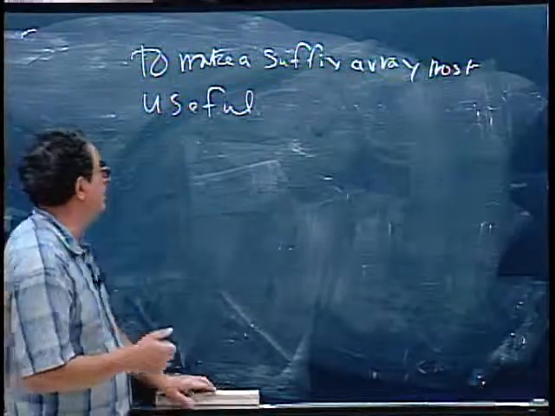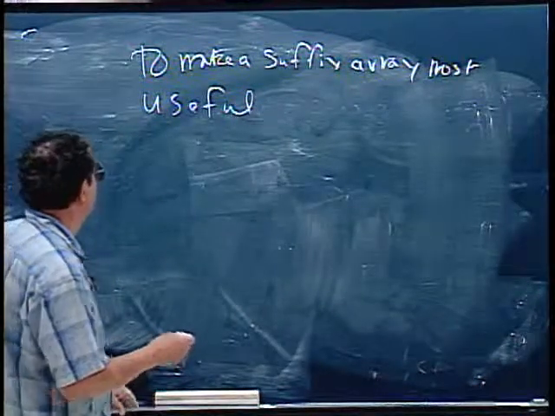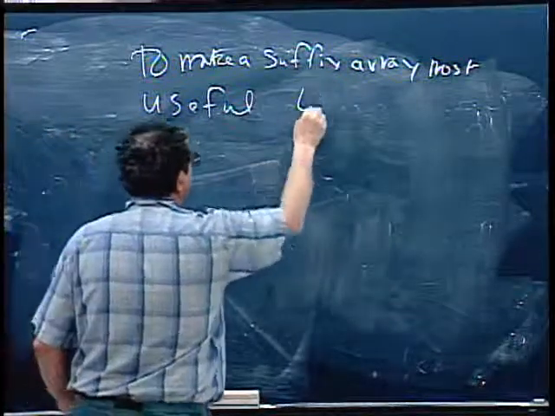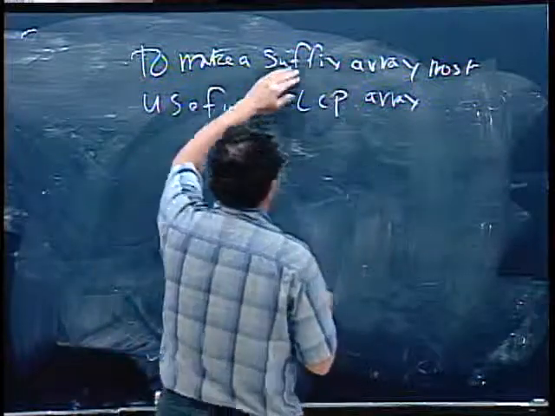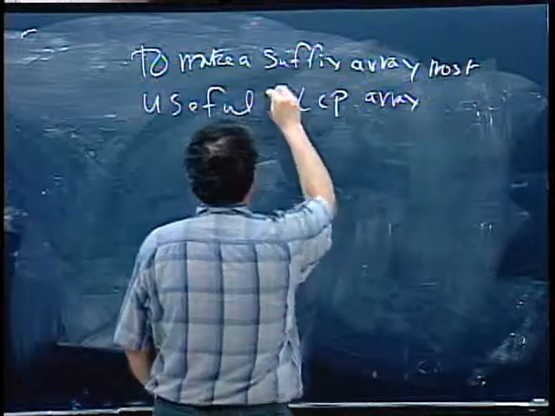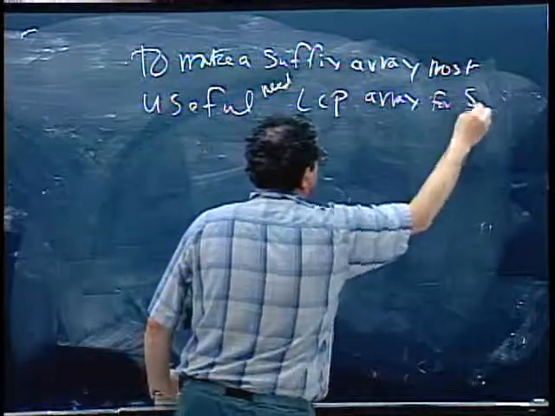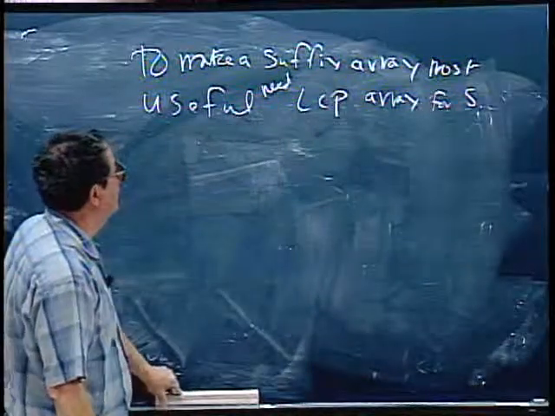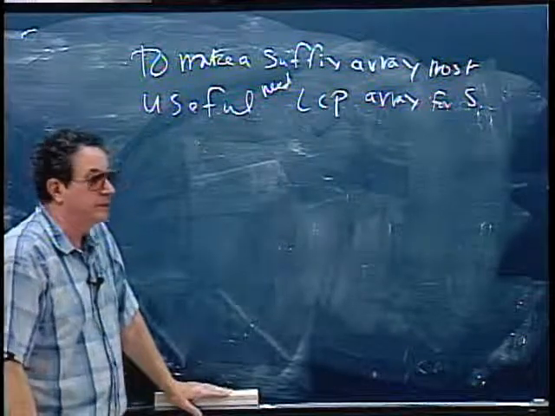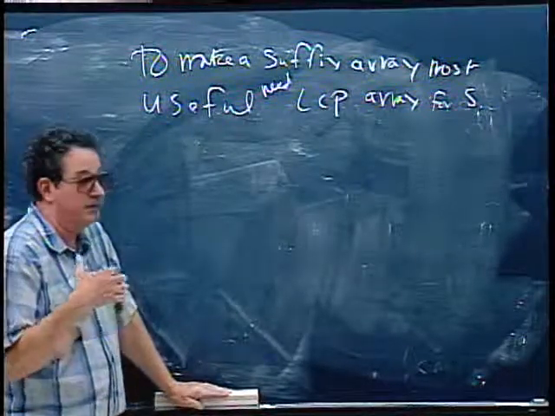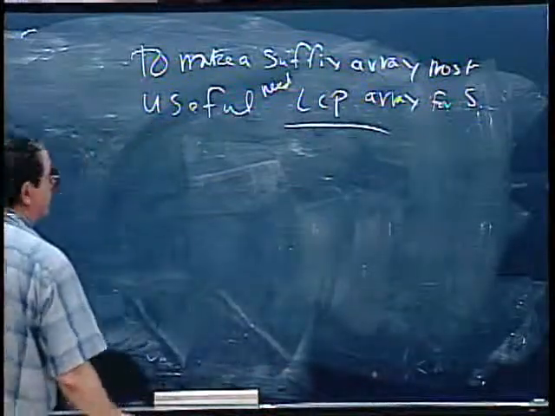And an almost essential component of those algorithms is something called the LCP array. To make a suffix array most useful, we need or want the LCP array for S. And one of the things, for example, that you can do with the LCP array and the suffix array for S is you can build a suffix tree in linear time. I haven't even told you what the LCP array is, but let me advertise something for it.